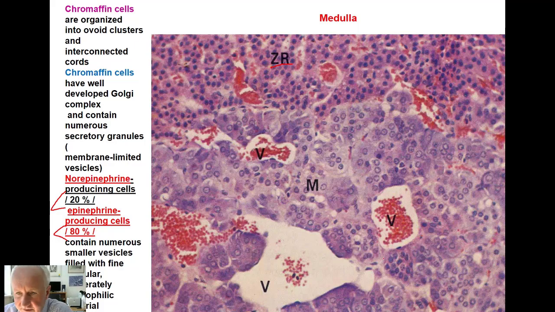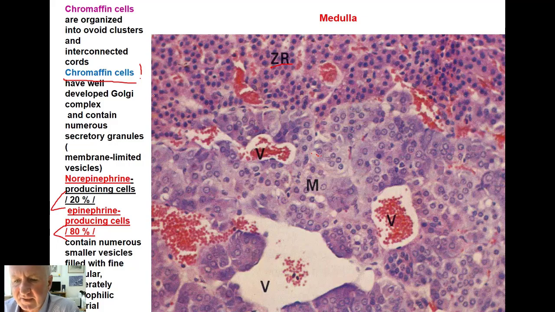You see such irregular trabeculae, clusters, or groups of those cells. The granules with the hormone can be stained with salts of chromium, so we call them chromium or chromaffin cells, thanks to the possibility that we can stain them with salts of chromium.